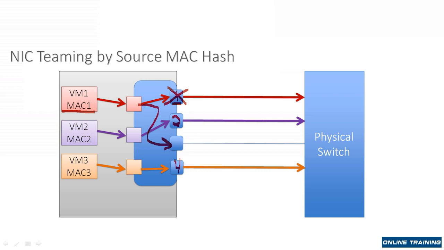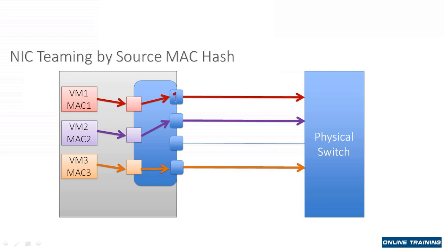Now, what these first two methods have in common is that each virtual machine is bound to one specific physical adapter. If we look at VM1, for example, VM1's traffic is always going to go out of adapter number 1.